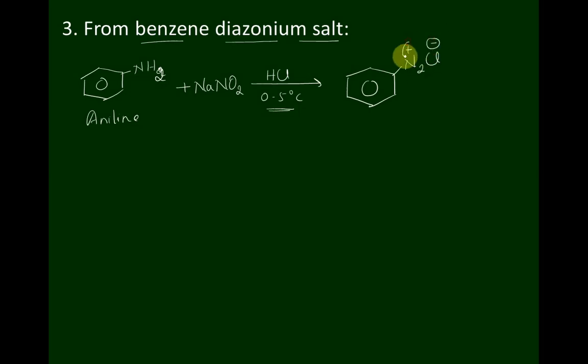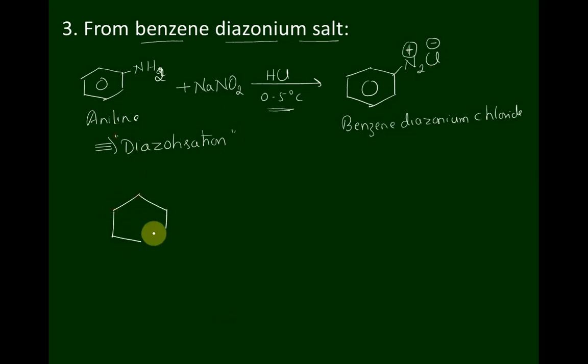This mechanism was taught in the concept called haloalkanes and haloarenes. We get benzene diazonium chloride. This method of preparation of benzene diazonium chloride from aniline is called the diazotization reaction.